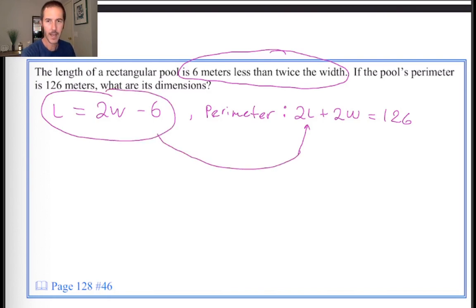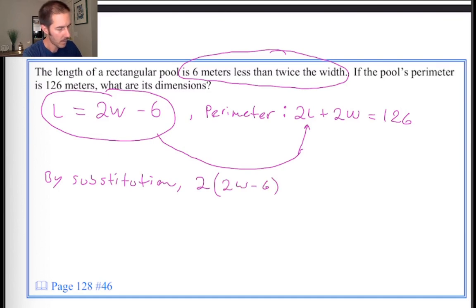So we're going to take that and put it in here in place of this L. So by substitution: 2 times our new L value of 2W minus 6 plus 2W is 126.